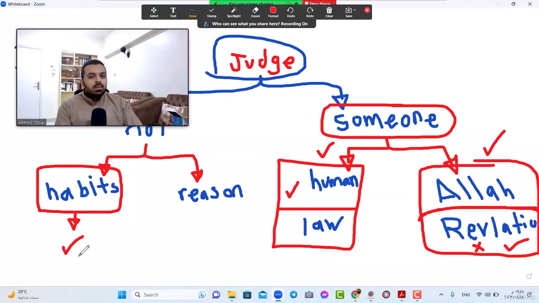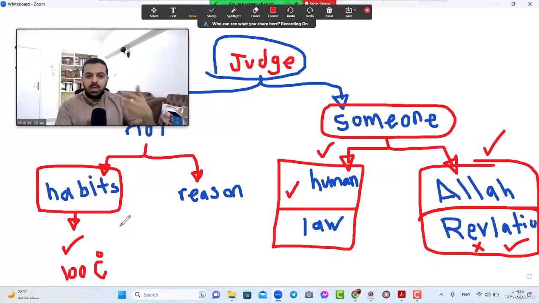But there is something that is not human, where we don't see these factors, which is nature. For example, every time we boil water, it boils at 100 degrees Celsius. How are we sure, or how can we tell that this is true every time?